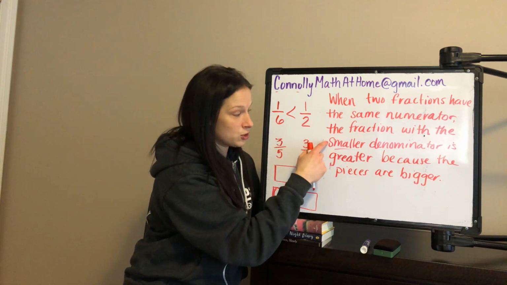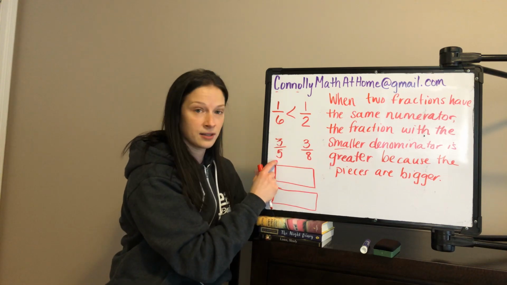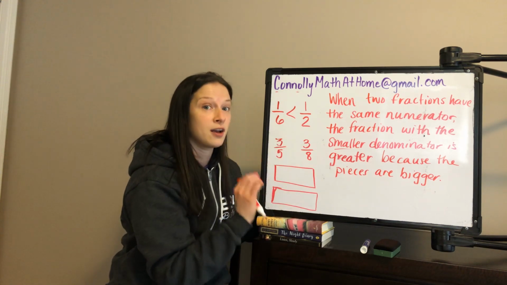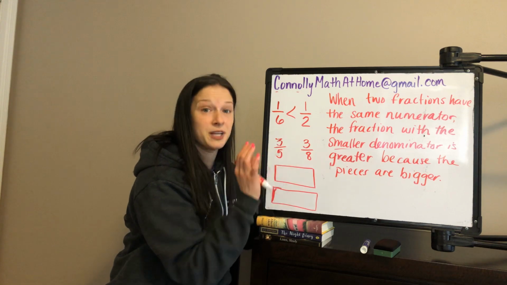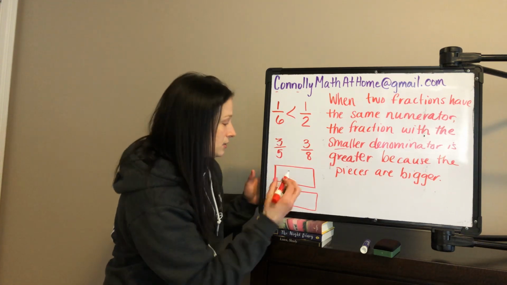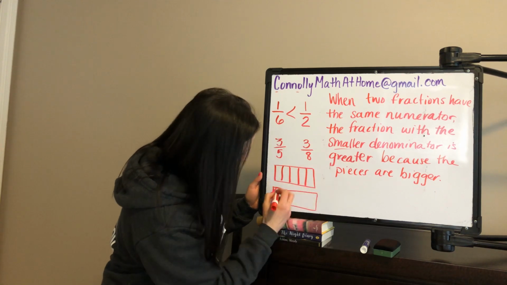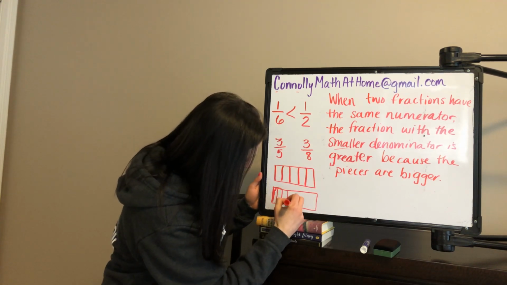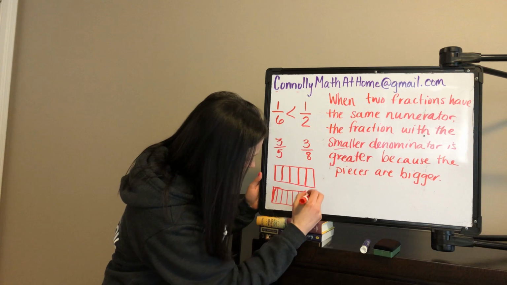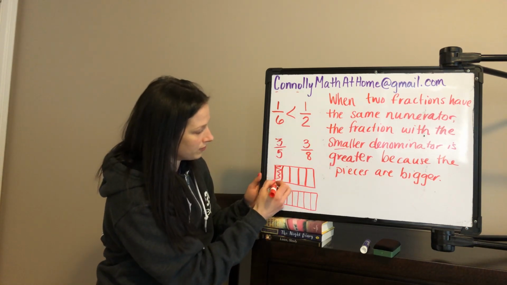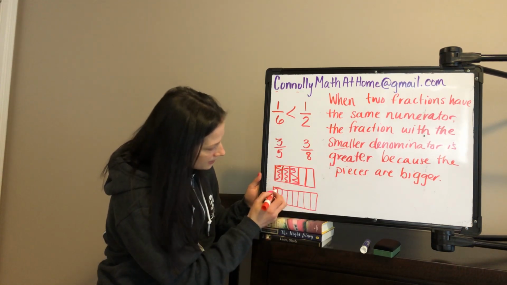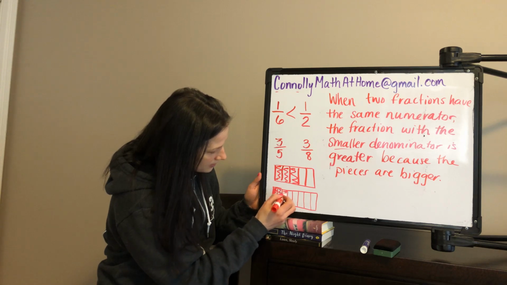So I say which one has the smaller denominator? Fifths, and it's greater because fifths are bigger pieces. So let's represent 1, 2, 3, 4, 5, 6, 7, 8. Okay, so 3/5 is clearly greater than 3/8.